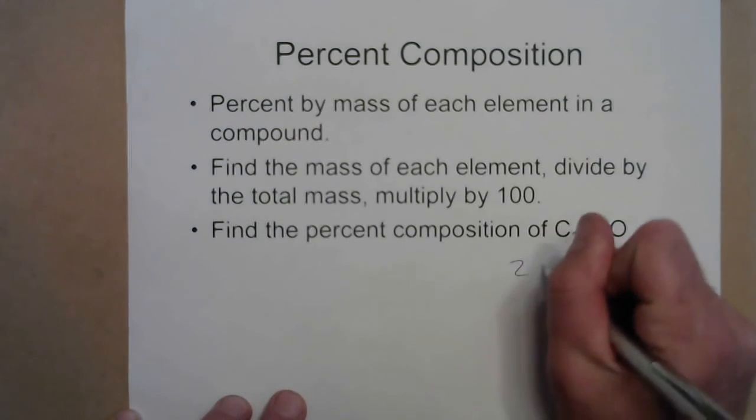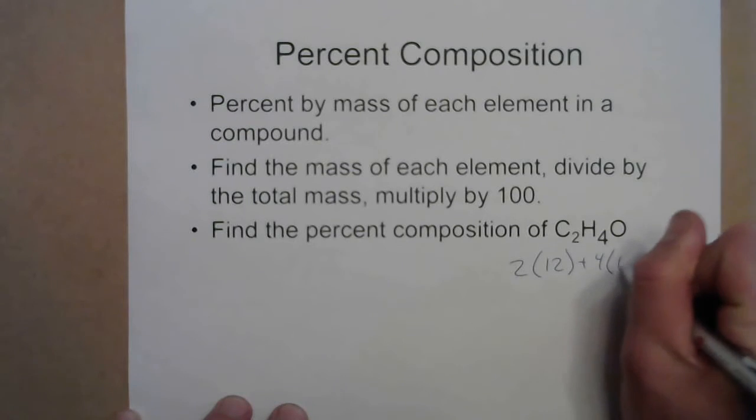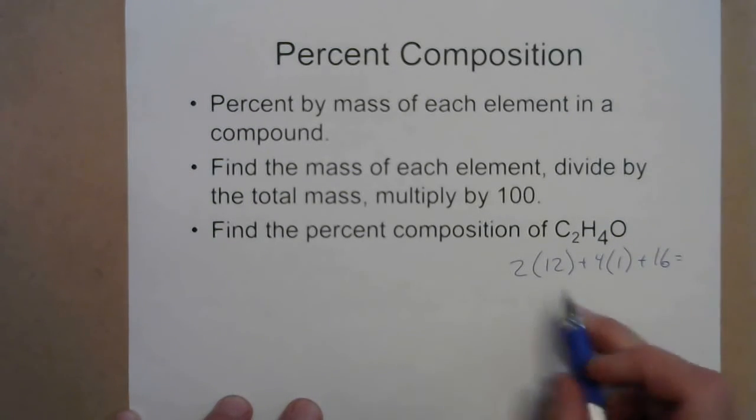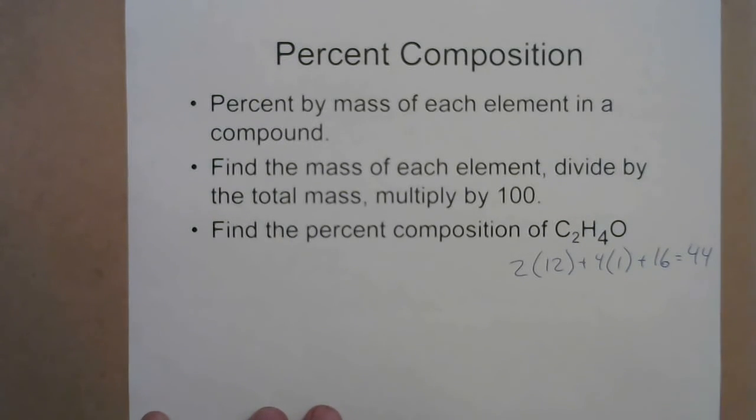So we'd have 2 times the mass of carbon, which is 12, plus 4 times the mass of hydrogen, plus the mass of oxygen. And so we add that together and we get 44. So the mass of our entire compound is 44.